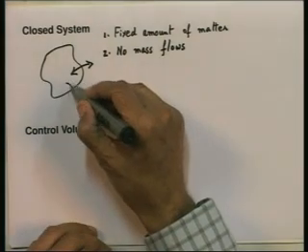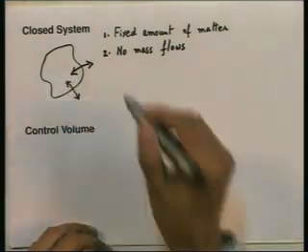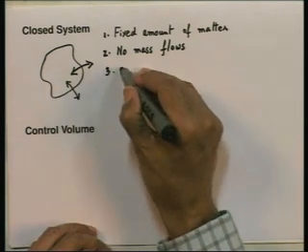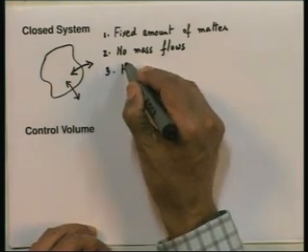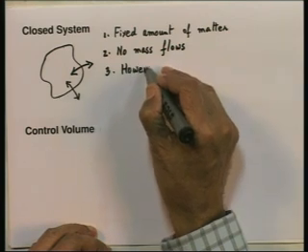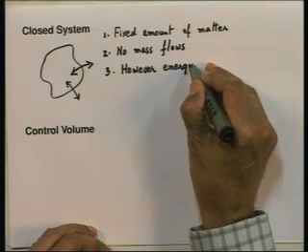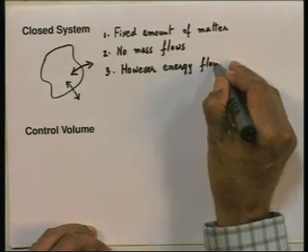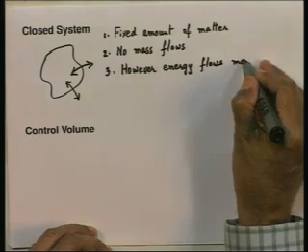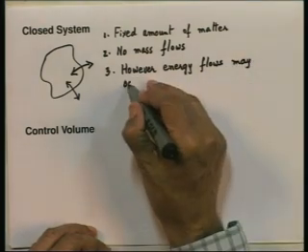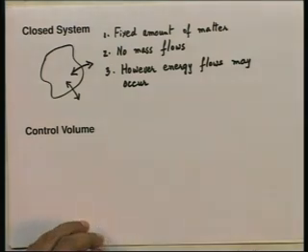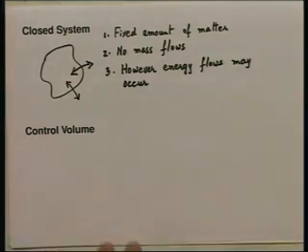However, across the boundaries of the system, there may be energy flows. These energy flows, energy interactions with the surroundings may be in the form of heat interactions or work interactions, it does not matter, but energy flow can occur across the boundaries of the closed system.